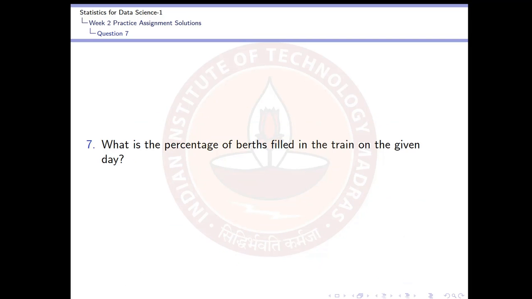Here the question is asking the percentage of total berths filled in the train. So let's find out the total berths filled on the given day.